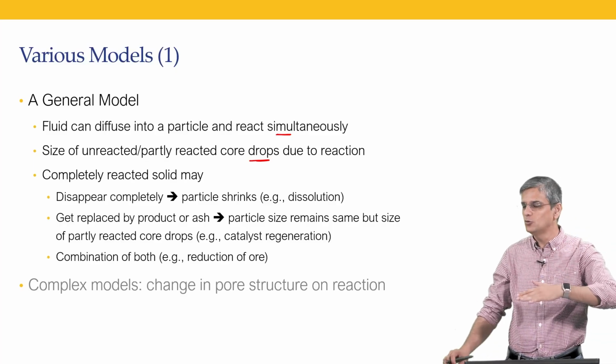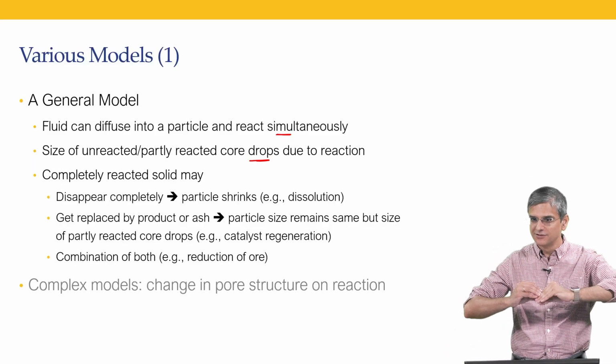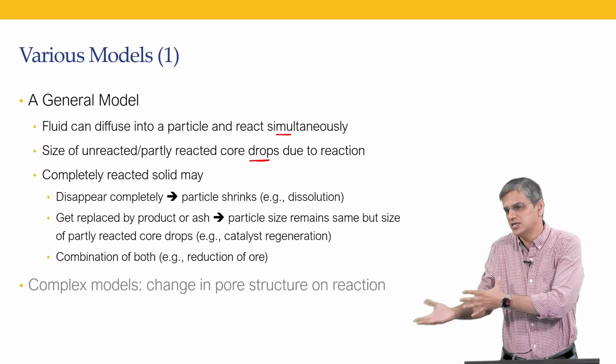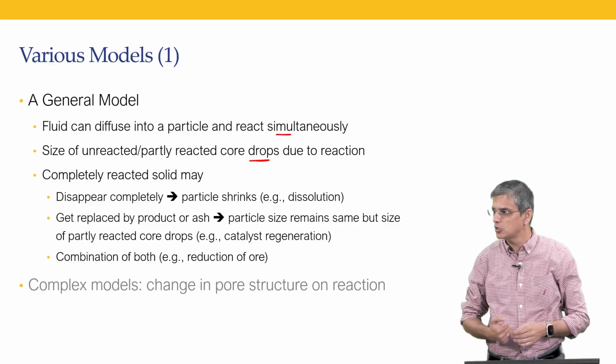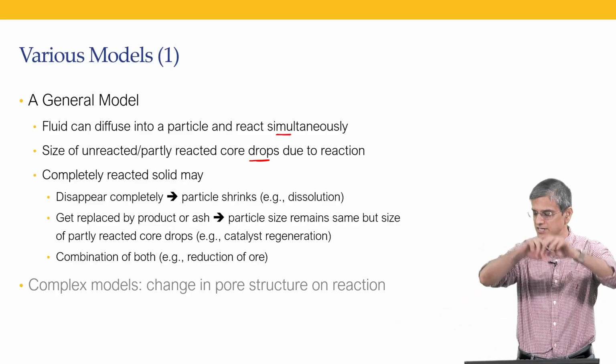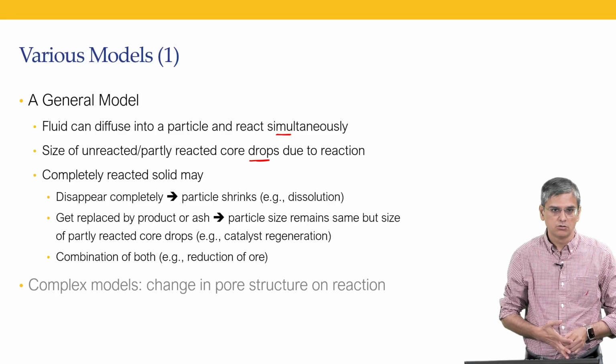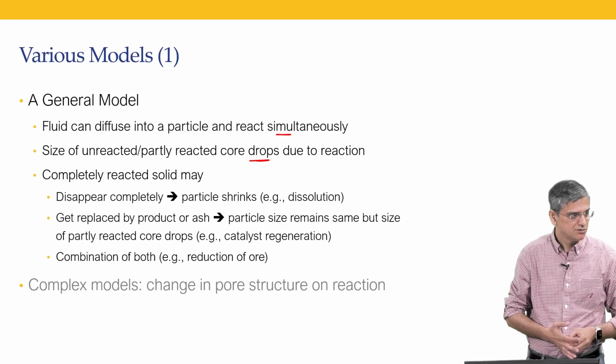So as more and more reaction takes place, the core expands. We can think of that as an expanding core model as well, expanding shell model as well. You have talked about shrinking core model, now you have an expanding shell model.